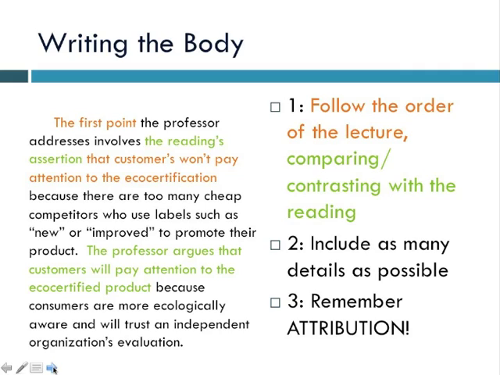And then finally, thinking about attribution, well, again, we did mention what the reading is trying to say and what the professor is trying to say. So if you notice, what I'm doing here is I'm kind of framing the argument, how the professor addresses the reading and what exactly the professor is saying. So in a way, this is how I think the first point, how we can kind of get off to a good start, is to kind of follow the same sort of organization for the other 2 points that the professor is responding to.